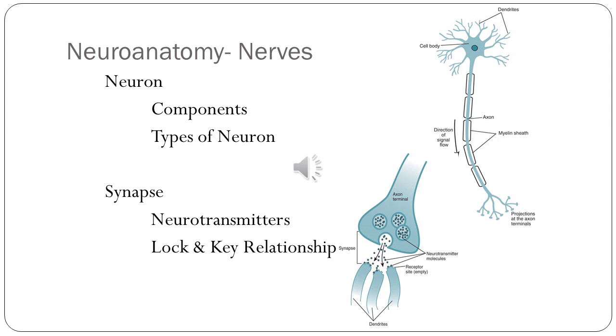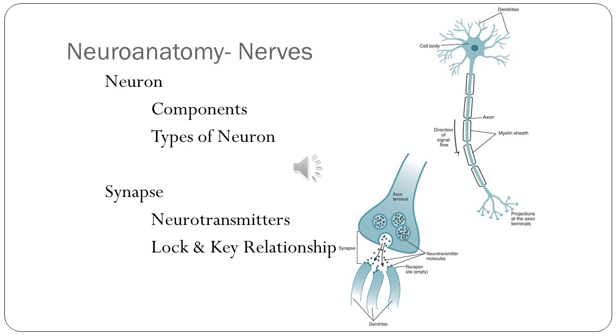Looking at that neuron in the upper part, again, your dendrites, your cell body, and your axons. The other picture shows the synapse between the two. You have an axon terminal, your little neurotransmitter molecules, and then your dendrites. And the neurotransmitters interact with the dendrite.